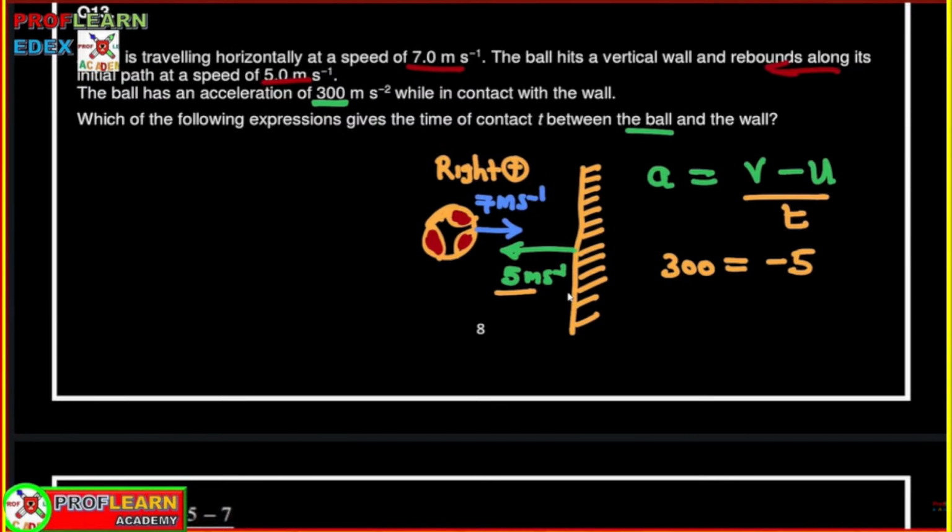So -5 is actually the final velocity. The initial velocity was 7 meters per second because it was approaching the wall. Then it will be -5 minus 7 over the time t. We can rearrange this and have t equals -5 minus 7 over the acceleration, but -5 minus 7 is going to be negative, and time can never be negative, so we change the acceleration to be negative 300, because we can consider it to be deceleration.